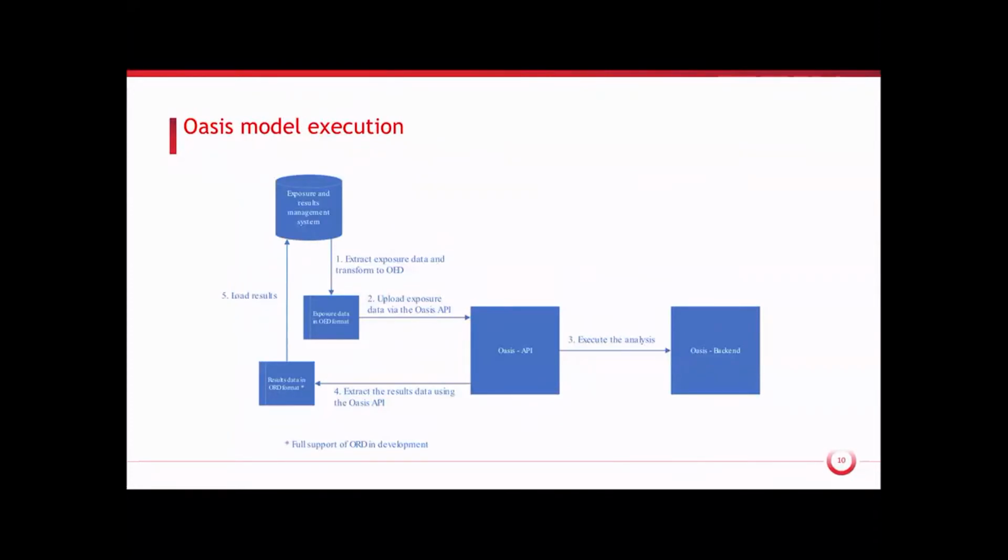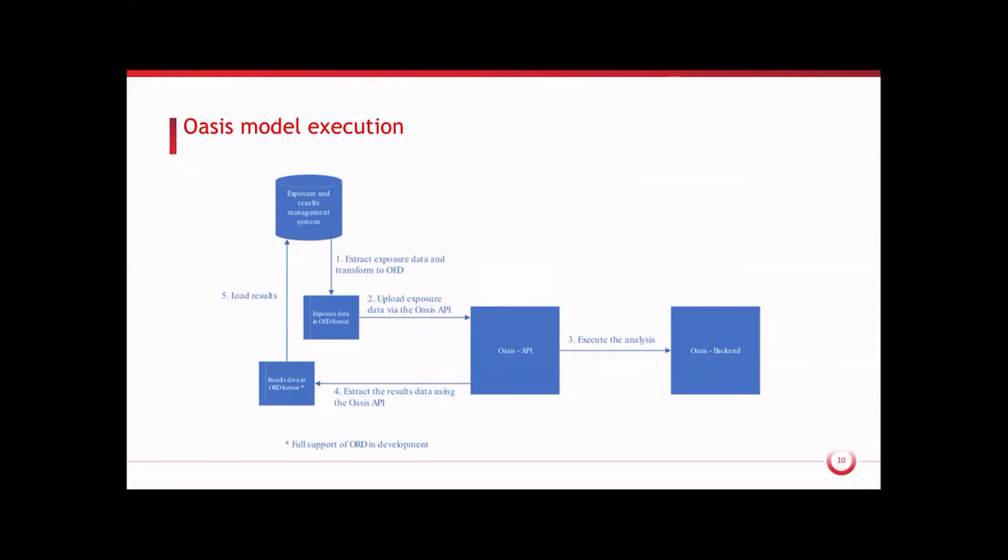Okay, so drilling down a little bit, I think it's useful to understand the end-to-end model execution, what actually happens from a data perspective when you run an analysis in Oasis. Starting at the top left, the typical use case is that an insurer or reinsurer will already have an exposure and results management system.